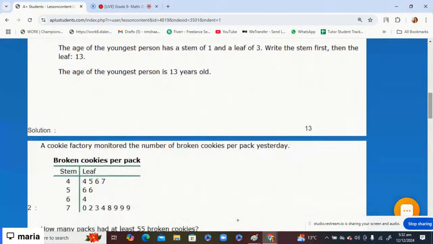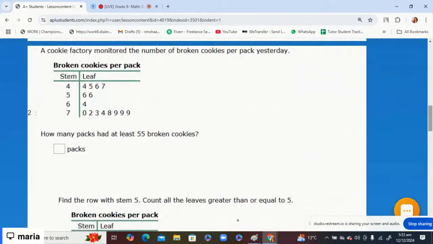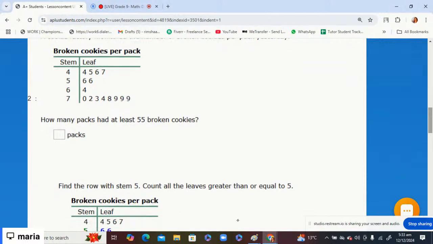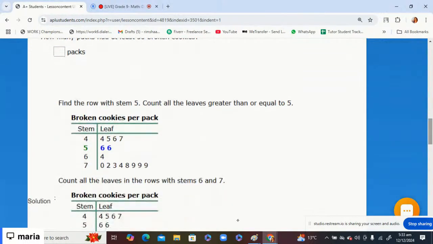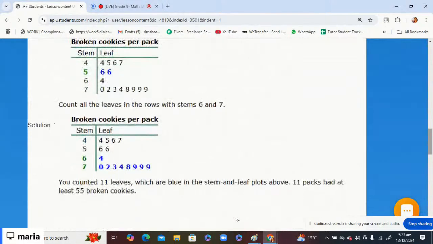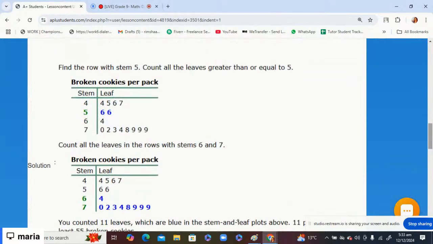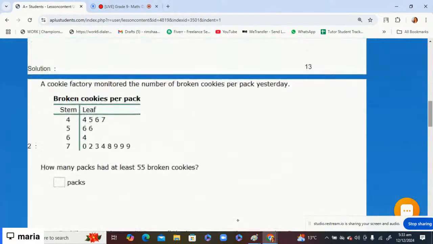So this is 13. A cookie factory monitored the number of broken cookies per pack yesterday. How many packs had at least 55 broken cookies? So we are interested in the fifth row because the stem is 5. For 55, they are saying at least 55 broken cookies.